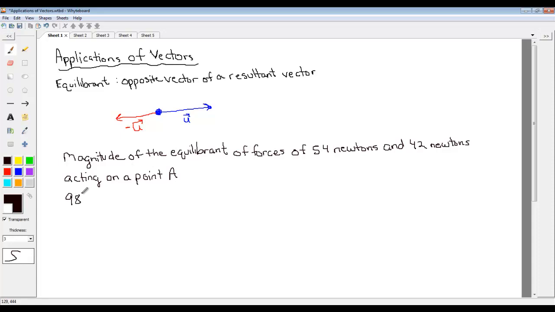So 98-degree angle between the forces. And then you're going to also find the angle between the equilibrant and the 42 Newton force.